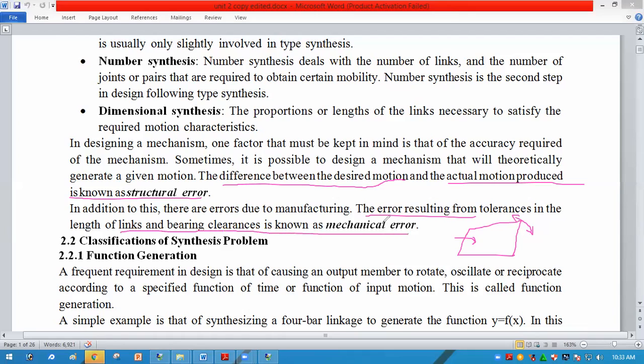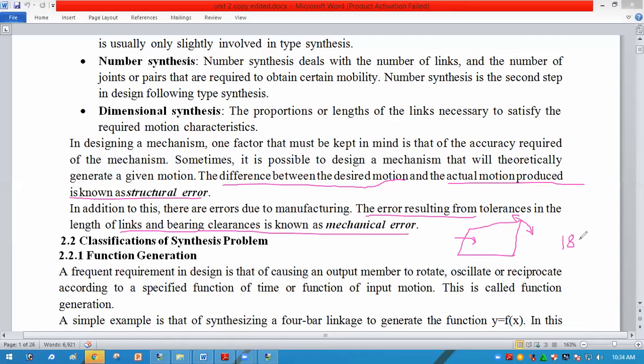Then tolerances in the length of links and bearing clearances are known as mechanical error. We know what tolerance is. We cannot produce any component of the exact size, so there will be some limit.